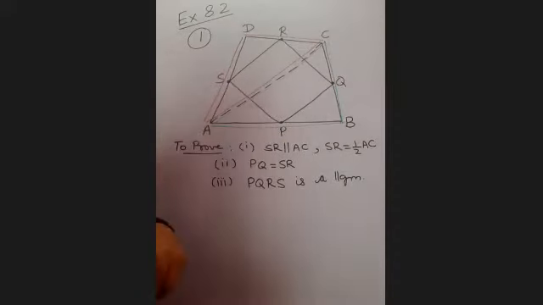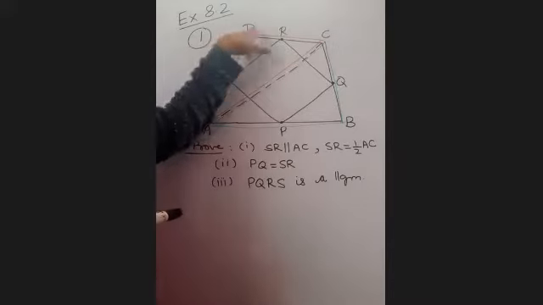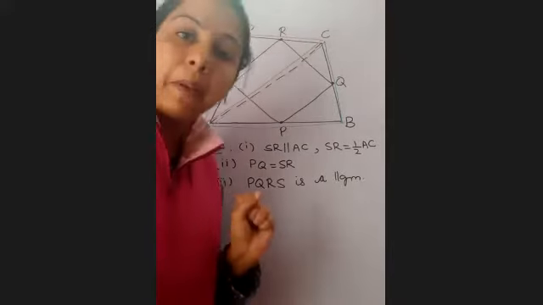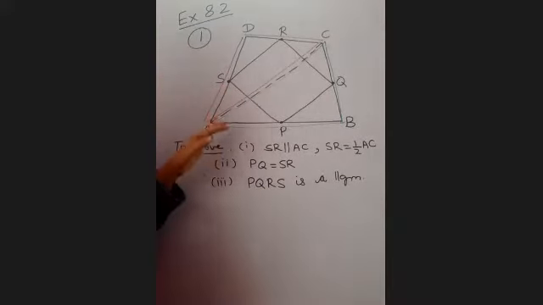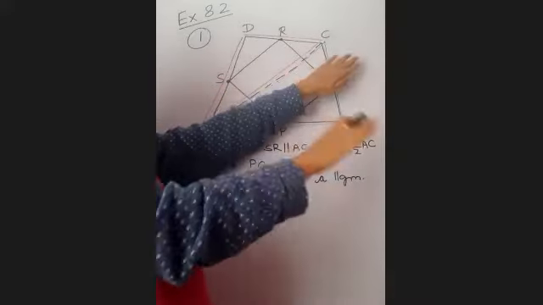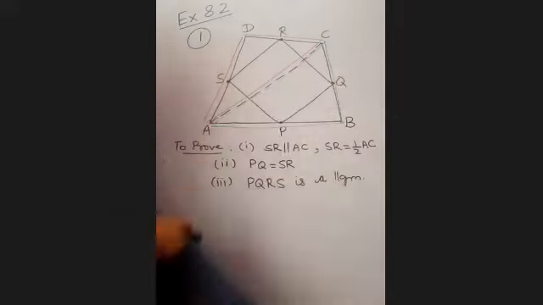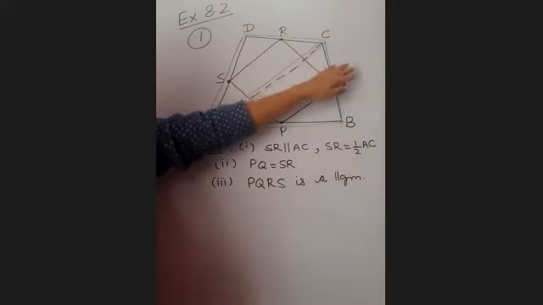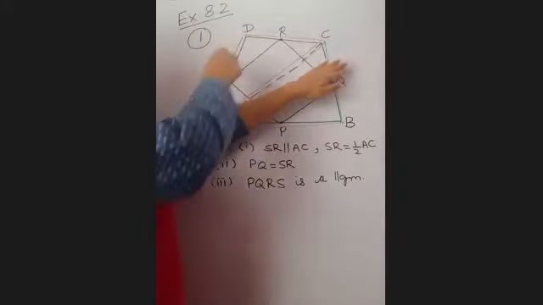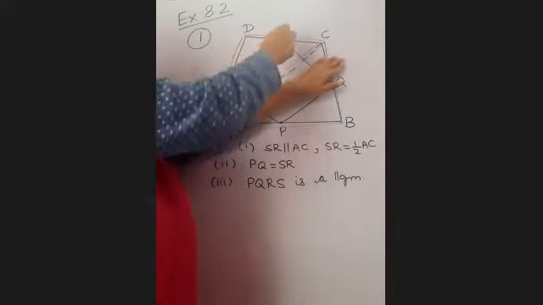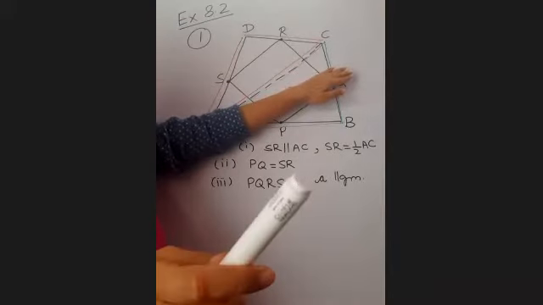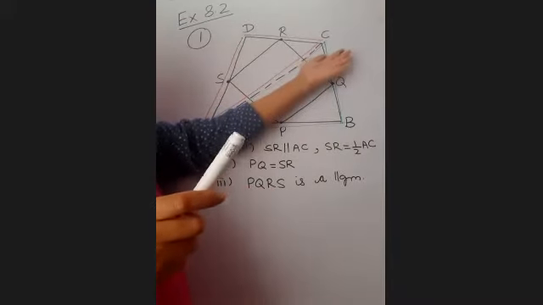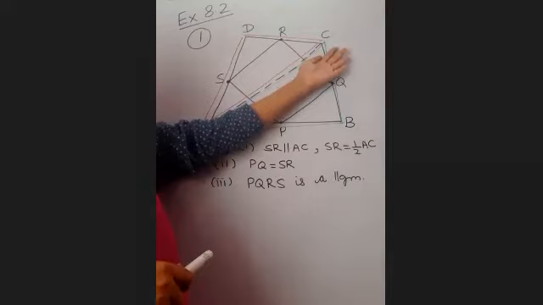A is common. In triangle ADC, can we apply the midpoint theorem? Yes, ma'am. So if we apply the midpoint theorem, let me hide this green portion. So in this triangle ADC, S and R are what? Midpoints. So by the midpoint theorem, what is the conclusion?